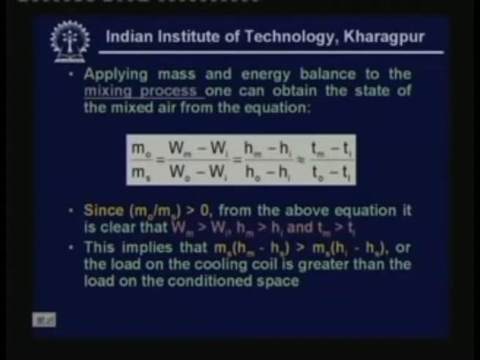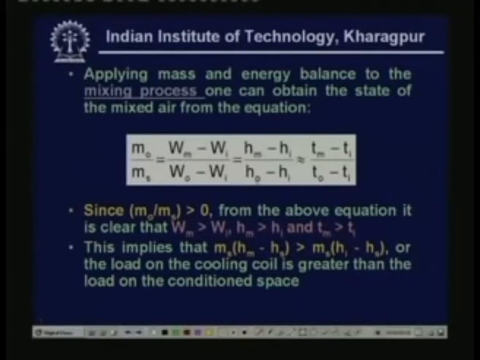This is also equal to the enthalpy ratios. And if you assume that the specific heat remains constant, this is also approximately equal to the temperature ratios. Since we know Wi and Wo, you can find out Wm. Similarly, we know Hi, Ho, so we can find out Hm. Similarly, we know Ti, To, so you can find out Tm using this equation.